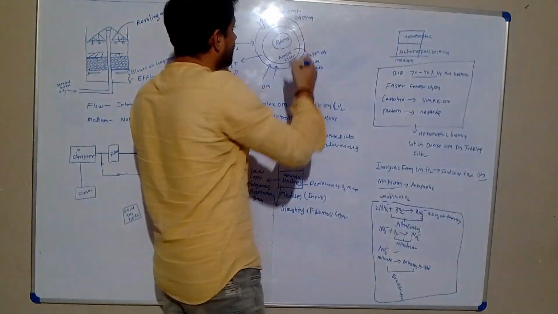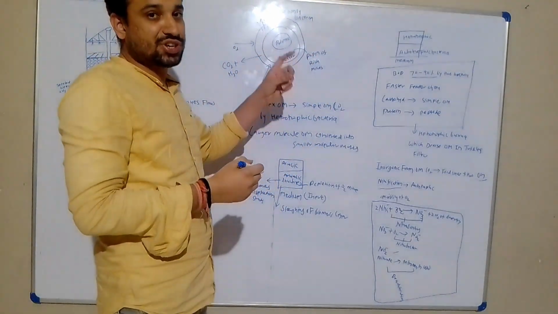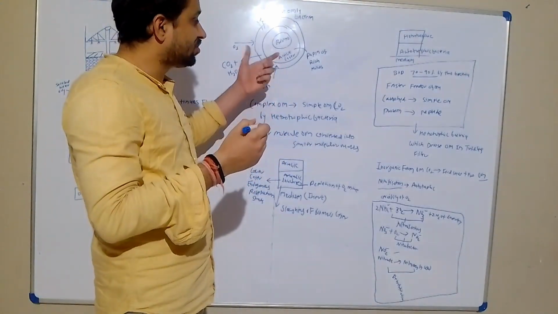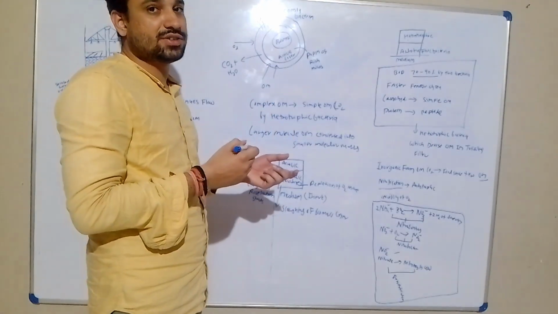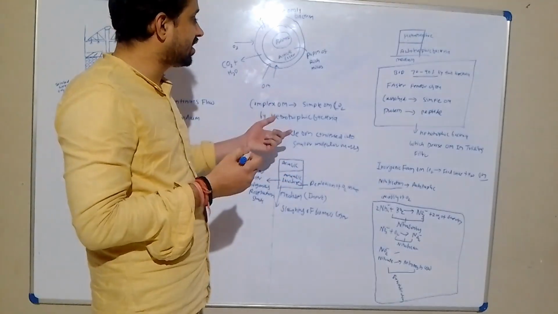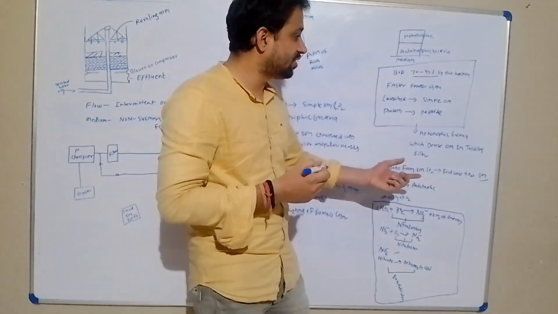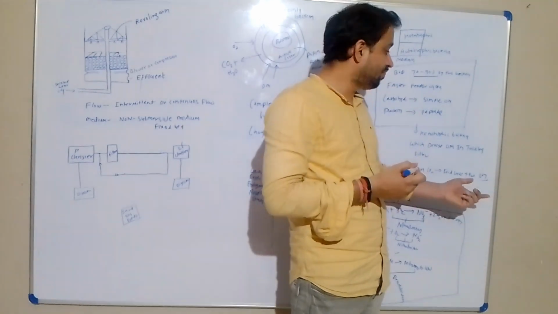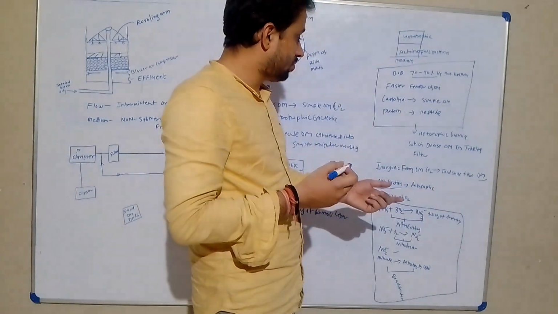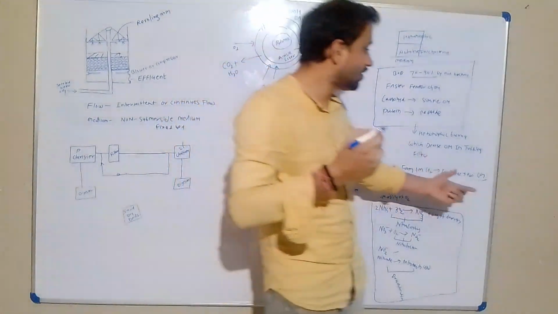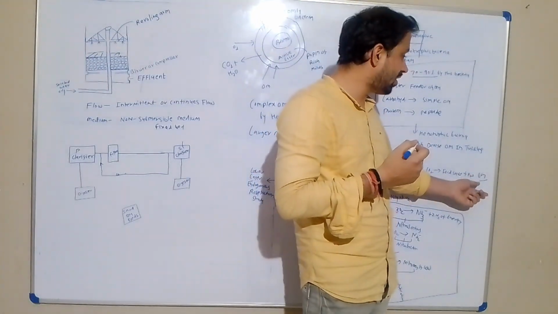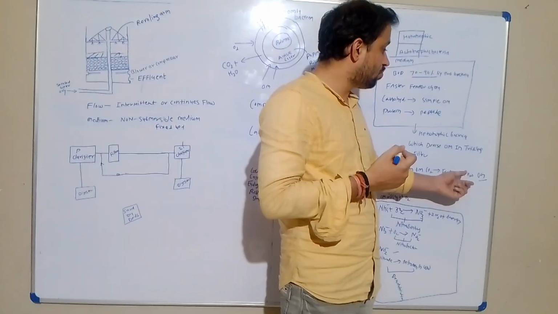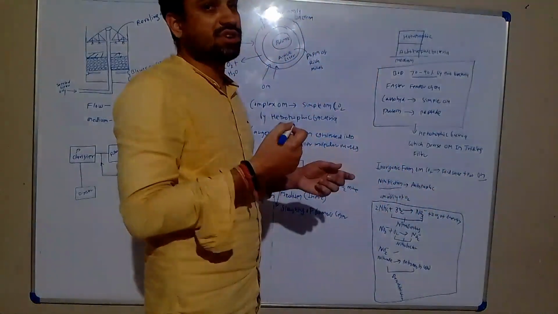If this biomass layer grows to a sufficient size, the efficiency of the trickling filter is reduced. The efficiency is the primary concern, which has to be handled up to a certain limit.